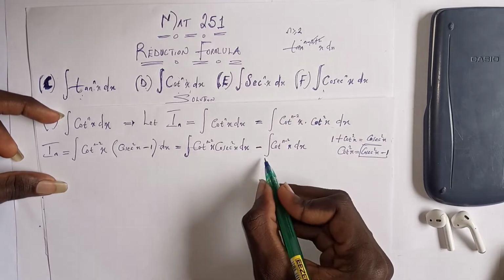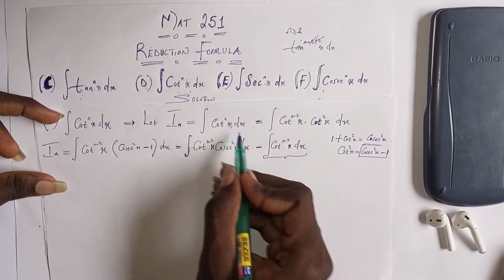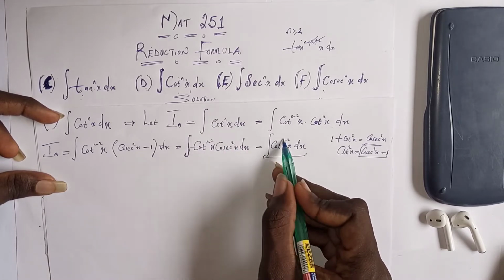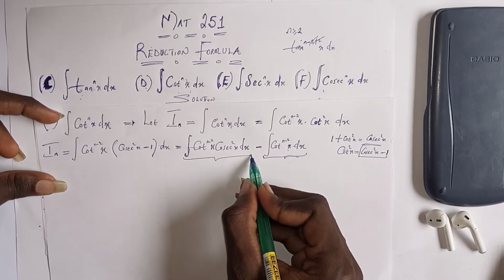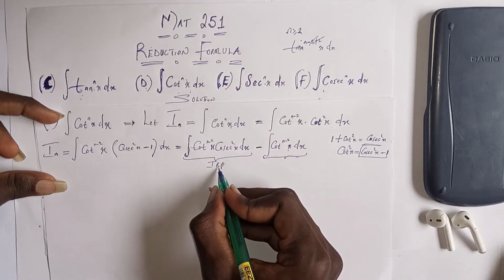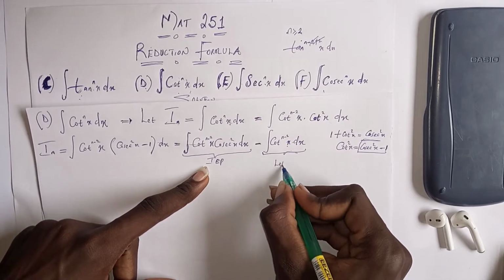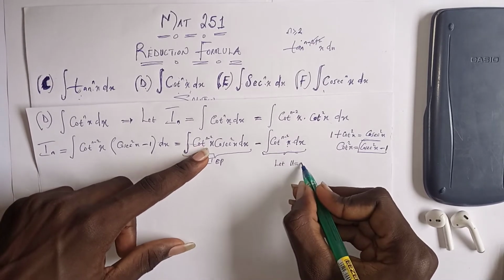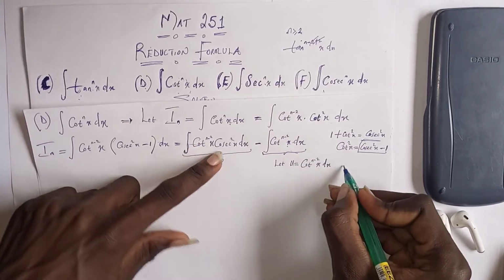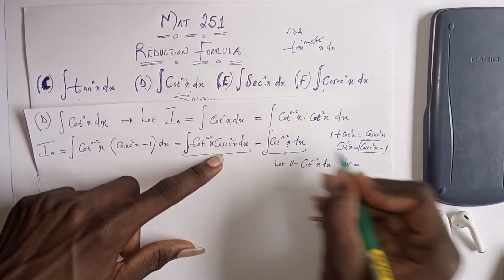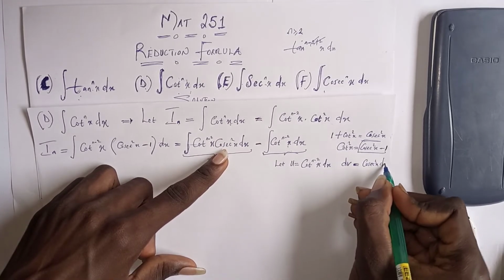Next thing to do is that we believe that this is already I_{n-2}. From our assumption, I_n is the integral of cot nx. So automatically speaking, the integral of cot n minus 2 of x dx is also I_{n-2}. So we don't have any business with this. We need to simplify the first part by making use of IBP, that's integration by parts. Using integration by parts, we always let u represent the first one you have here, that is cot of n minus 2 of x, and we make dv represent the remaining expression, that is cosec square x dx.